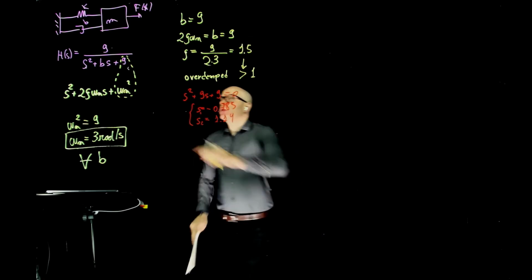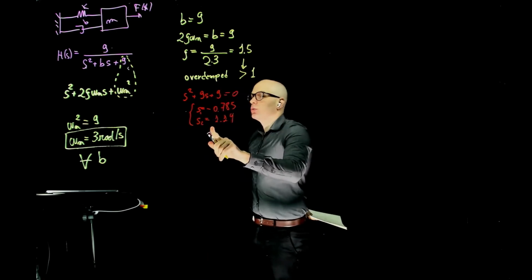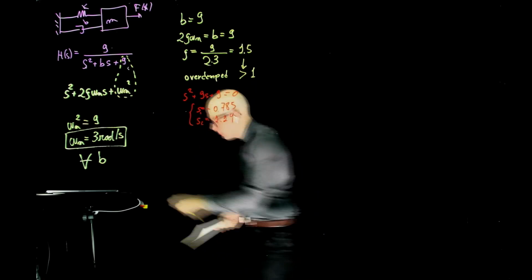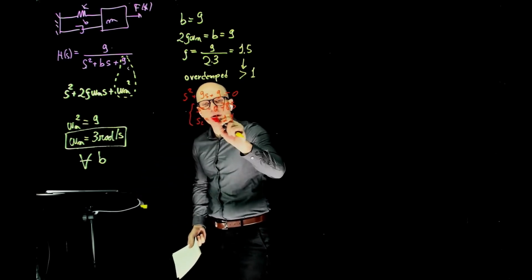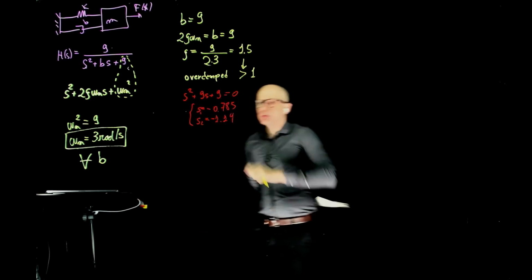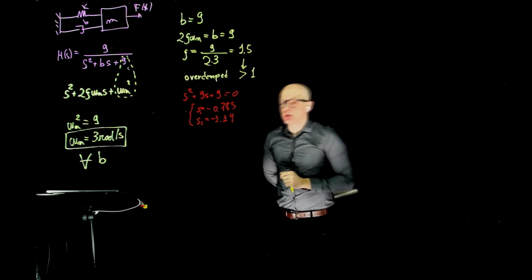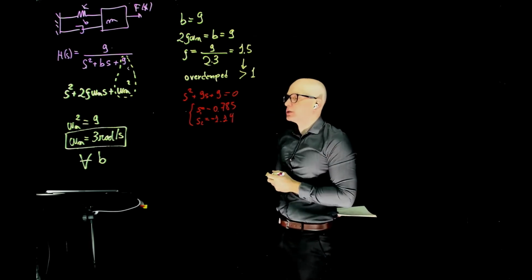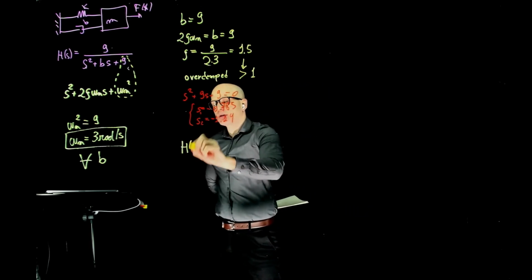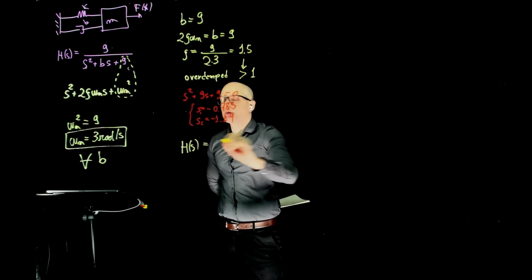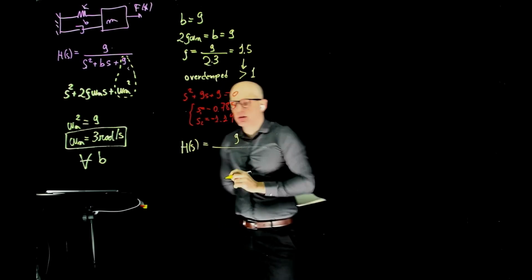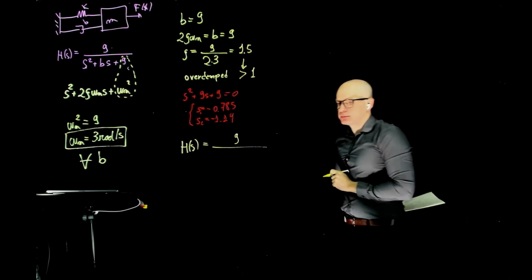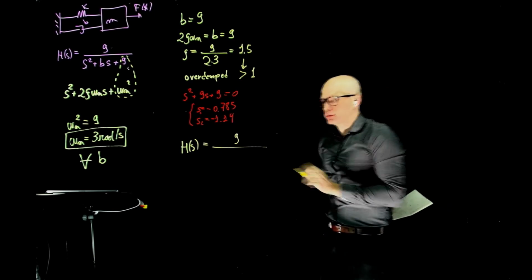This means that we can rewrite the transfer function as a function of these two roots. Sorry, this is negative here, and both are negative. Of course, because the damping ratio is greater than 1, they must have negative real parts. We can now rewrite the transfer function as functions of the roots. How would that look? 9 divided by what?